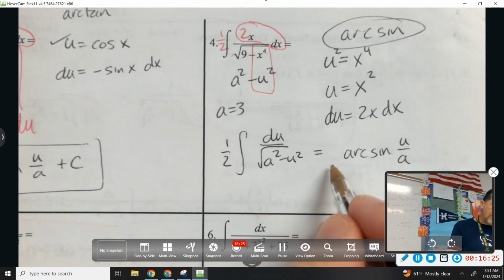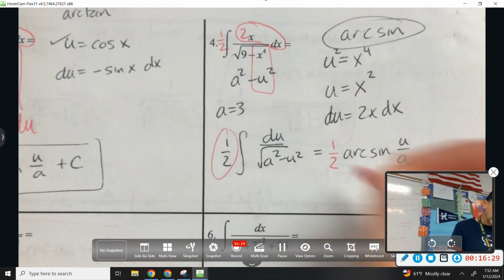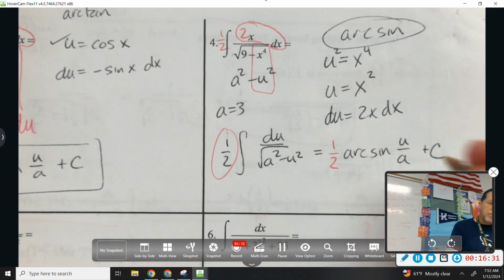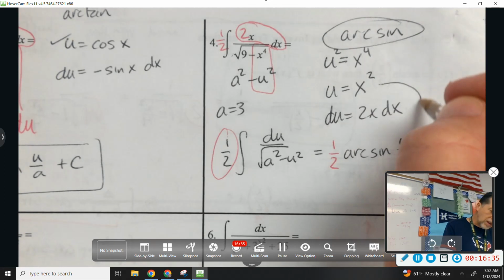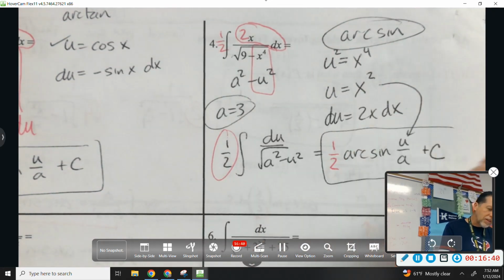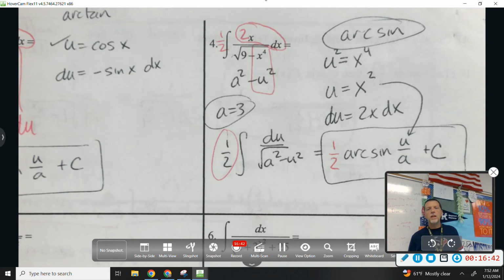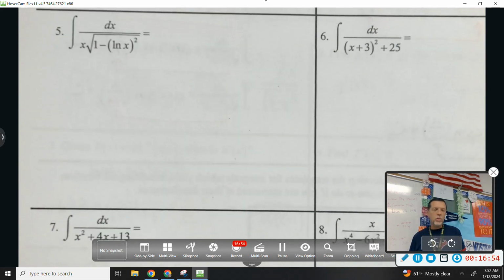Arcsine does not have the 1 over a out front, although that 1/2 is still out front. Plus c. And if I've clearly said what u is and what a is, then I'm okay with this answer. Again, you've got to know your derivatives well enough to recognize right away what's going on so that you can work toward it and get the details out.